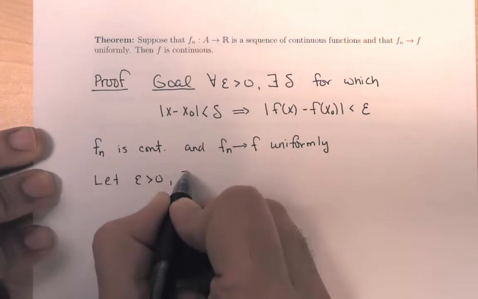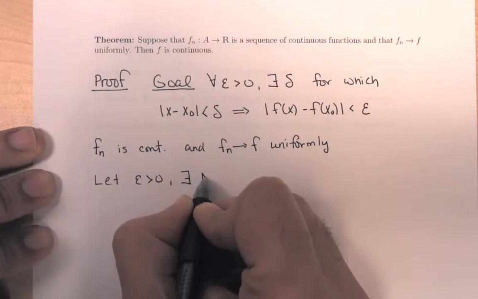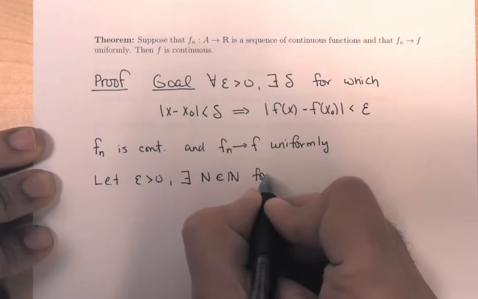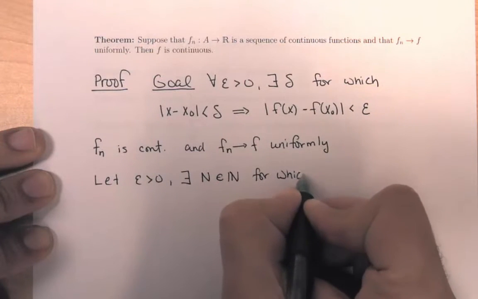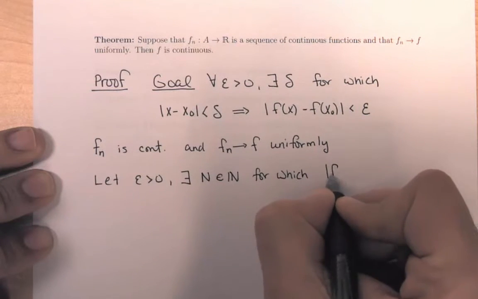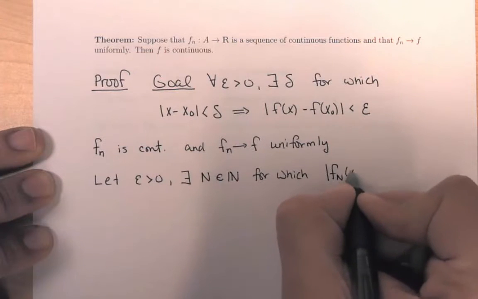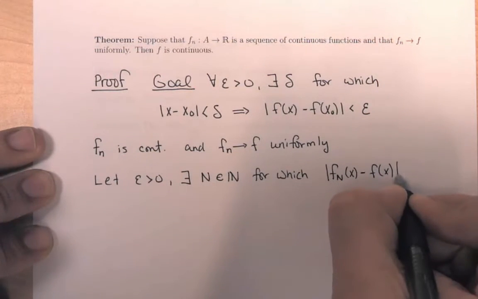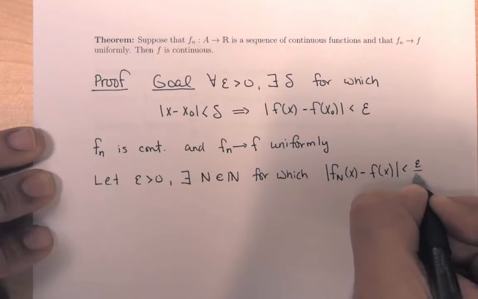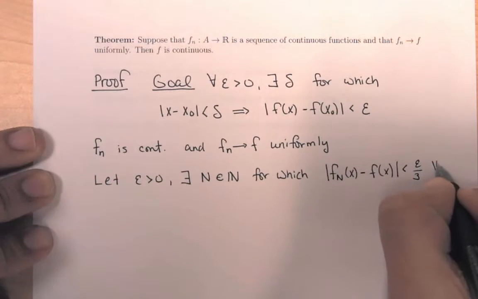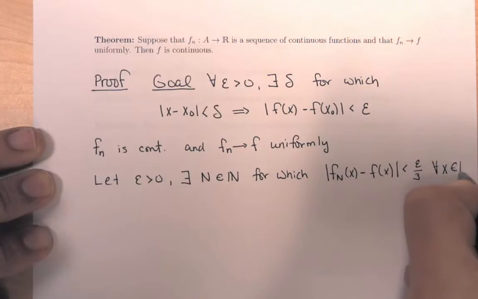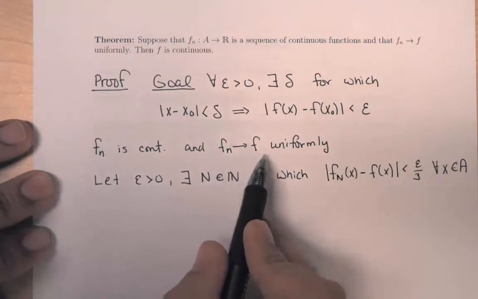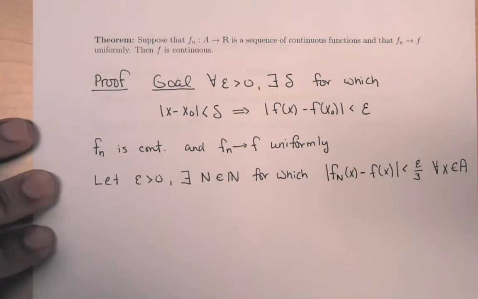This fact implies that there exists a natural number n for which |fn of x minus f of x| is less than epsilon over 3 for all x in the domain A. This comes from the uniform convergence result.